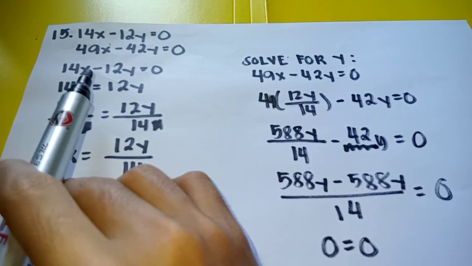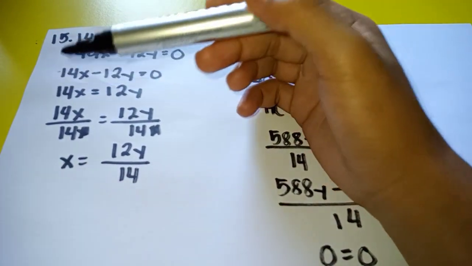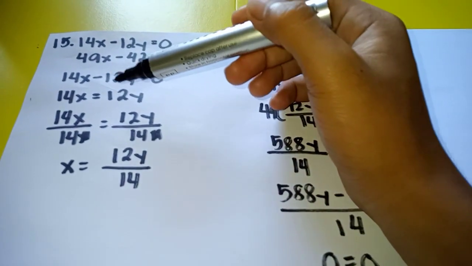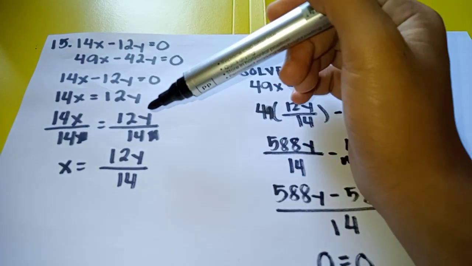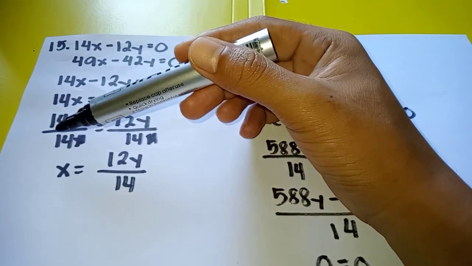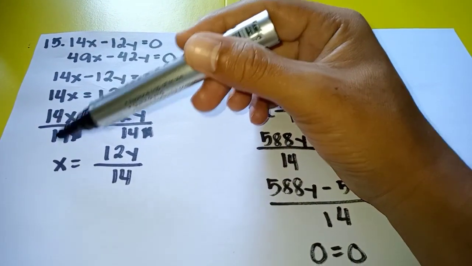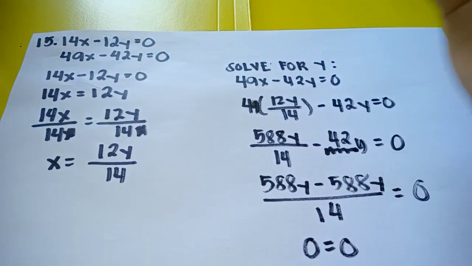And we will use 14x minus 12y equals 0. 14x, and then we will transpose negative 12y to the right side, so it will be positive 12y. And then next we will divide both sides by 14, so x is equal to 12y over 14.